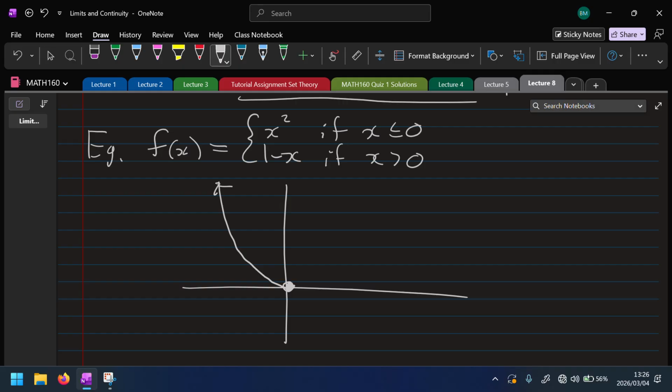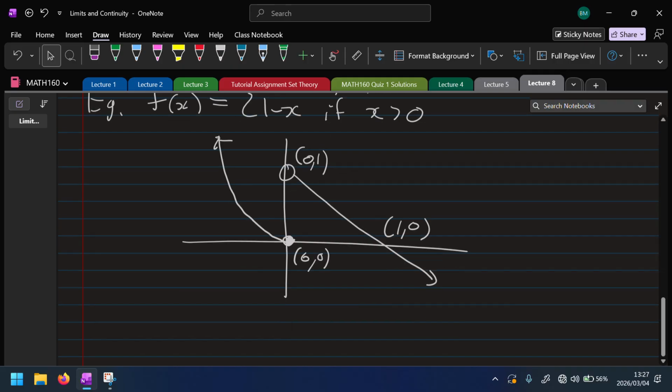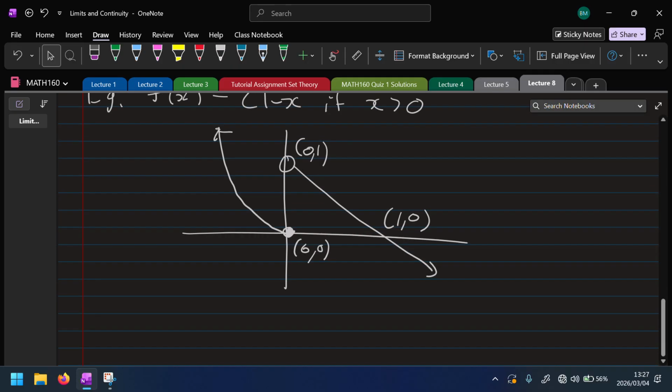We see it's 1 minus x, so it's a line sloping down. We are not including 0, so that will be an open circle. Okay, not including. Okay, so here's (0, 0). There's (0, 1). That will be (1, 0). Just to label some points so we can see what's going on. Okay, everyone okay with the sketching? Okay. Now for the question, we want the limit as x goes to 0.